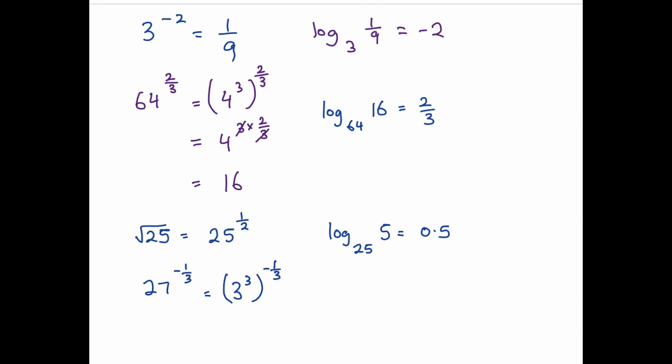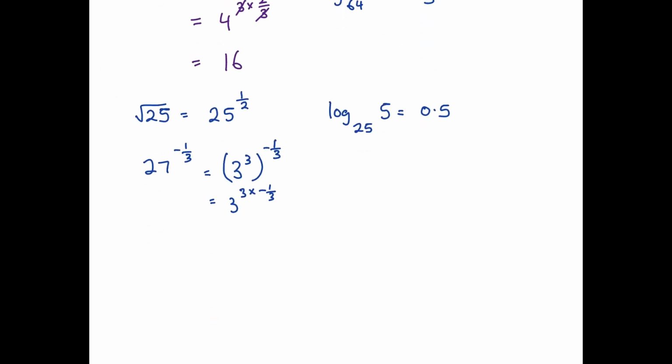So just like we did in this example, we can say that 3 to the power 3 minus a third is going to be equal to 3 to the minus 1, as the 3's cancel, which we know is a third. So if we express this as a logarithm, this will be log base 3 of a third equals minus 1.